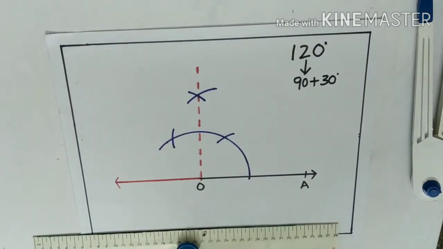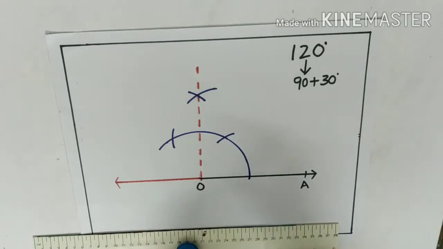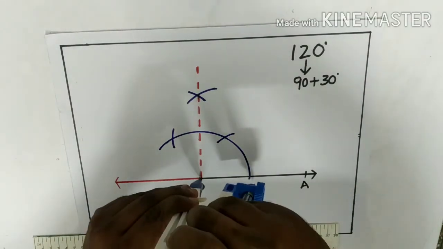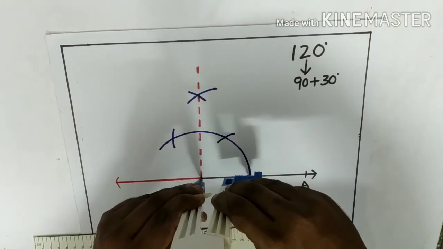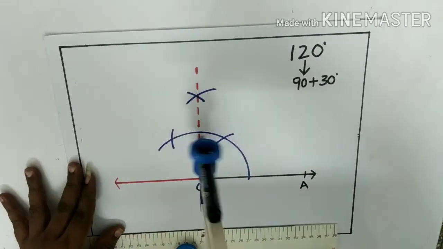Now we know how to construct 60 degrees, right? 60 degrees ray. I am not going to disturb this. The same I have taken.